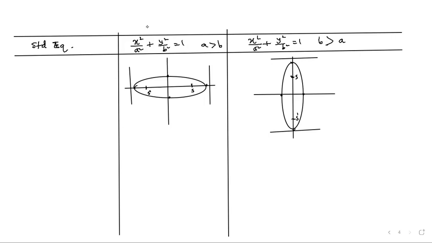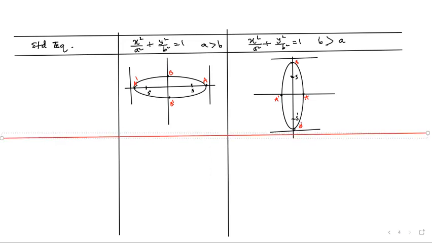So let me give them some names: A dash, B dash. Then first thing, what is the center of the ellipse? Center of the ellipse will be the origin. Following? Can you see the center?